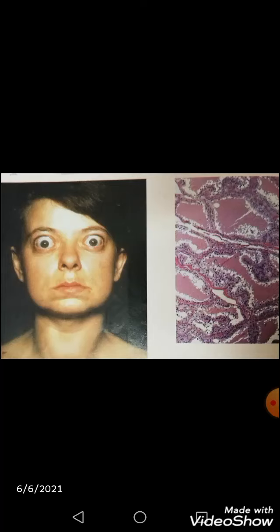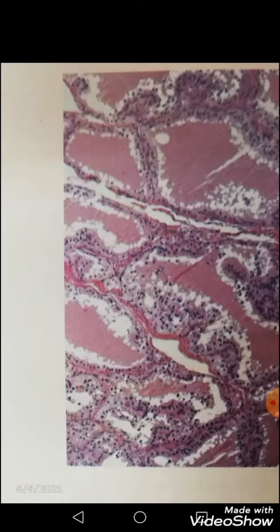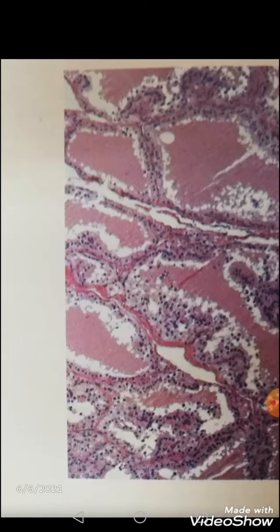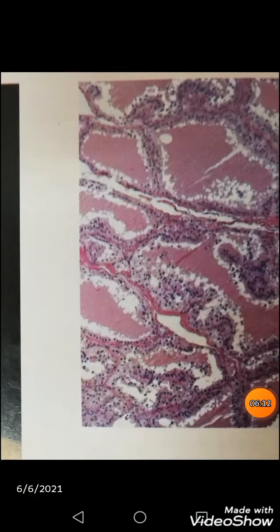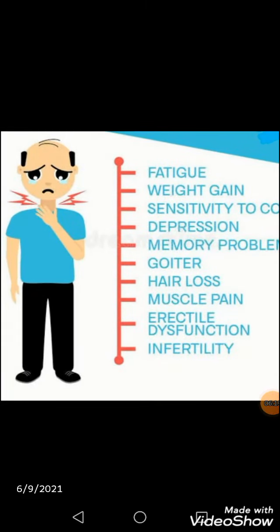In this hypermetabolic state, the features we expect in the patient are protruded bulging eyes, weight loss, nervousness, sweating, and heat intolerance, right? And sometimes we expect a cut section histological view in which the simple cuboidal epithelium is replaced by columnar epithelium, right?